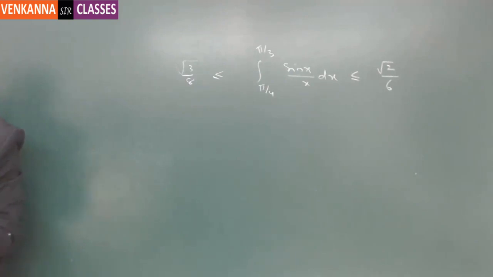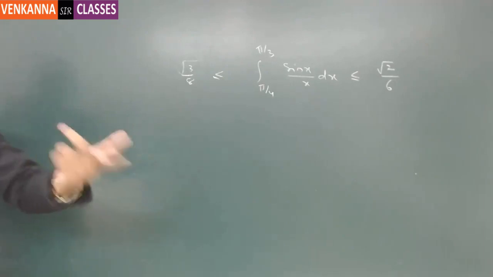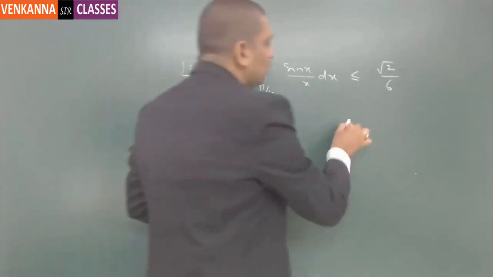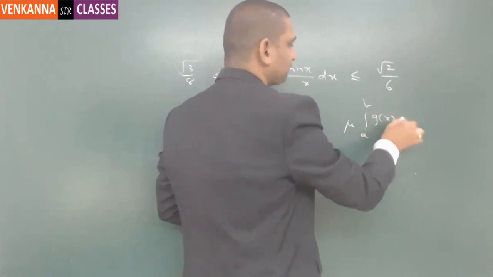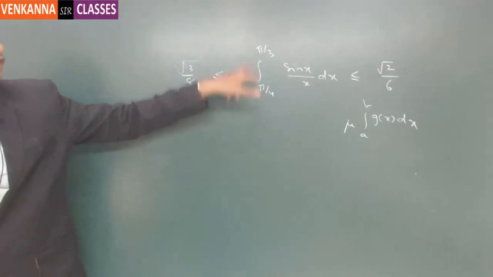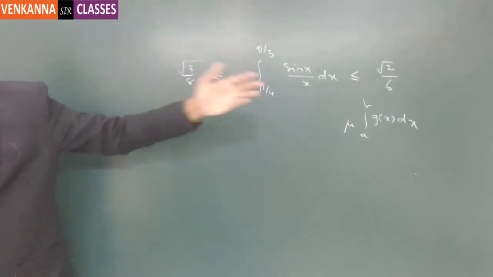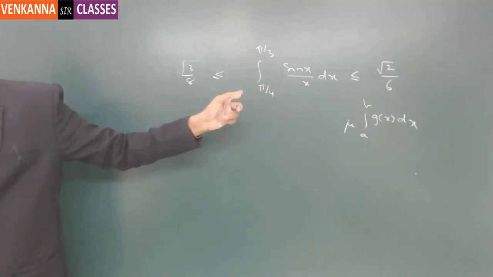Not just the mean value theorem, but the first mean value theorem, because it involves two functions where the resulting condition is given as mu into the integral from a to b of g of x dx. Here the integration is over pi by 4 to pi by 3, the interval. So by applying that technique also you can prove this inequality. There is no doubt at all.